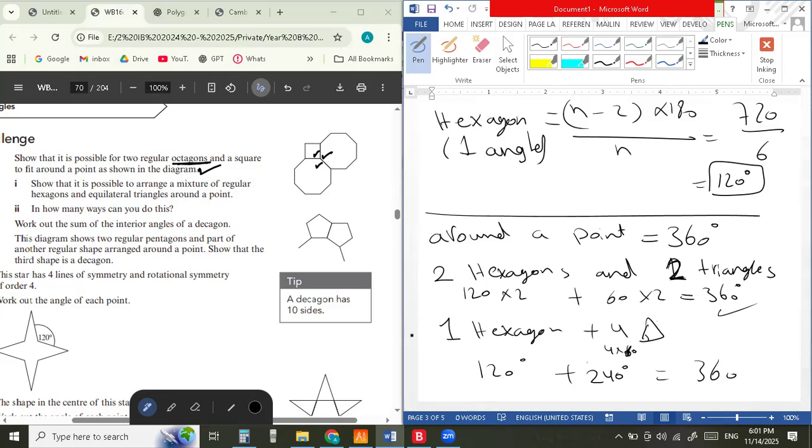How many ways can you do this? I can do it in 2 ways, either 2 hexagons and 2 triangles, or 1 hexagon and 4 triangles. Both will give me the 360. So 2 ways. This is question II. Let's see if they considered having no triangles. Just a second.